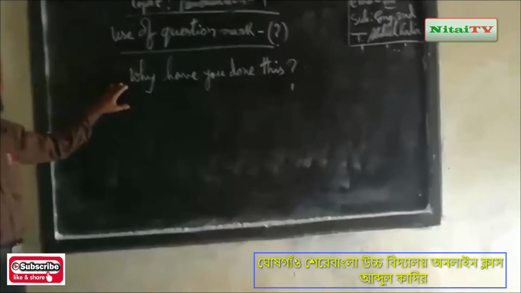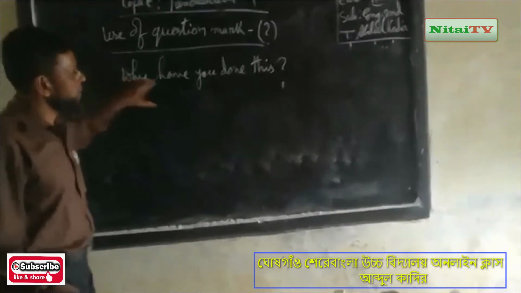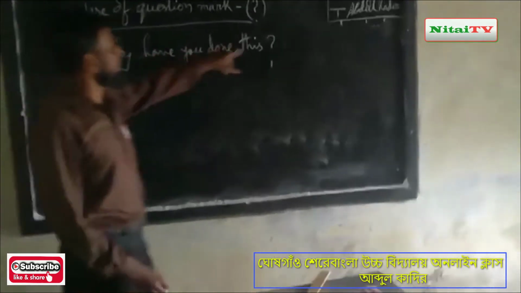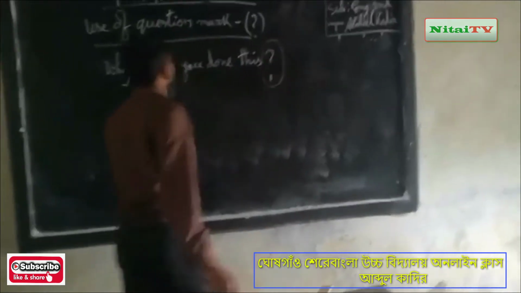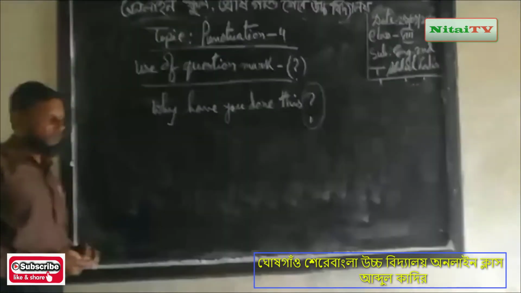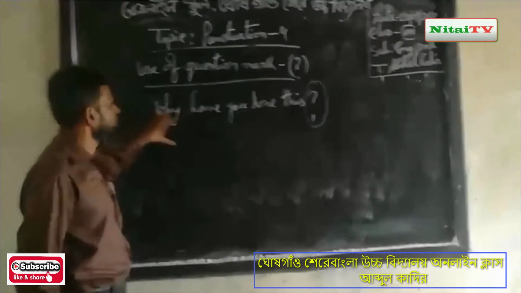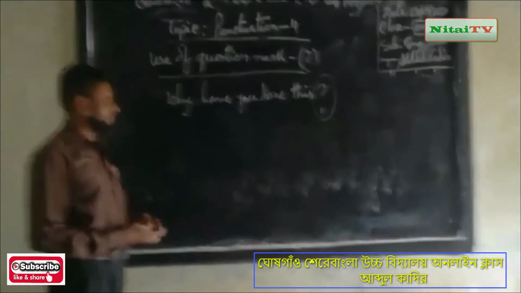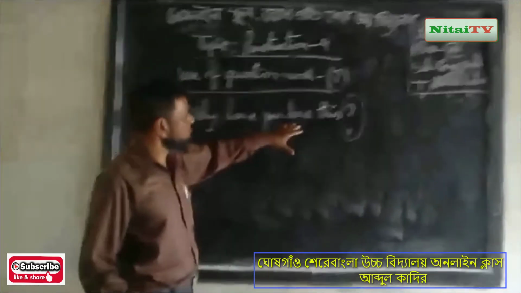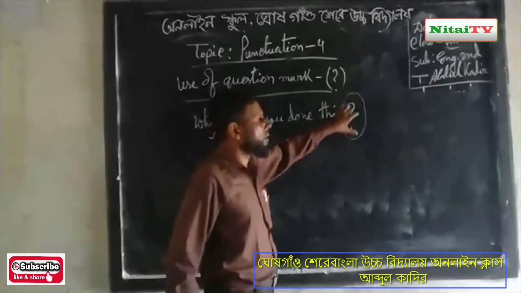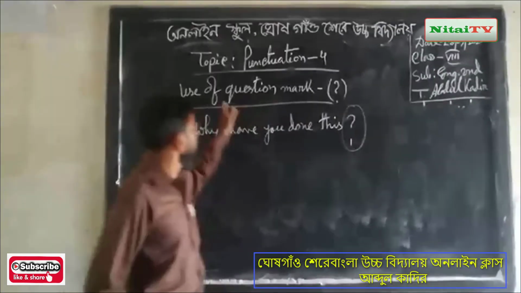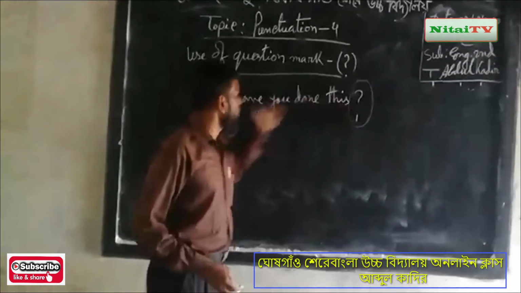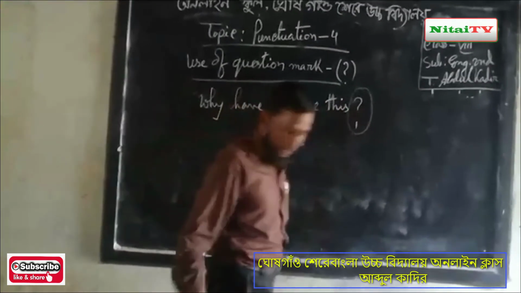Why have you done this? Here, interrogation mark. This is the question mark or note of interrogation. We use it at the end of interrogative sentences. We have to use note of interrogation or question mark after interrogative sentences, or at the end of the interrogative sentences.